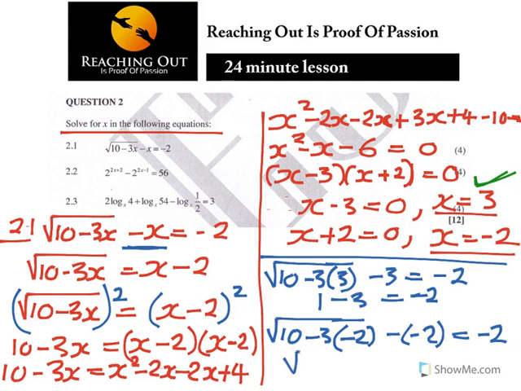We are getting a 16. Square root of 16 plus 2 is equal to a negative 2. Now the question is, what is square root of 16, which is 4? 4 plus 2, which is 6, is equal to negative 2. And you know that 6 cannot be equal to negative 2.